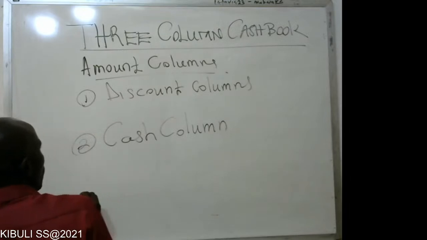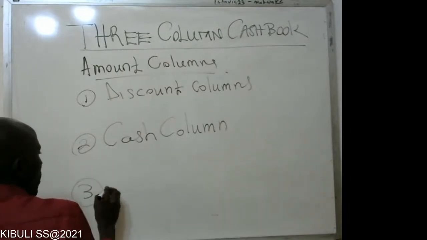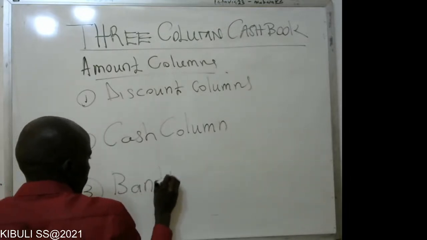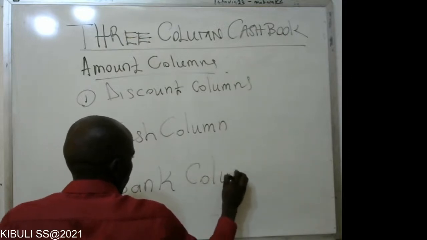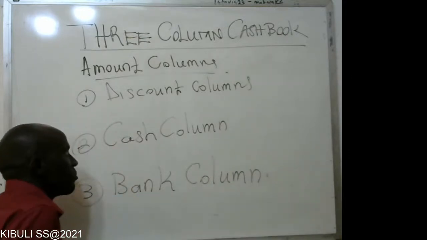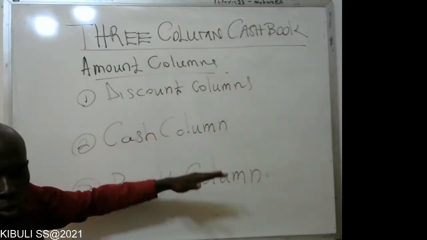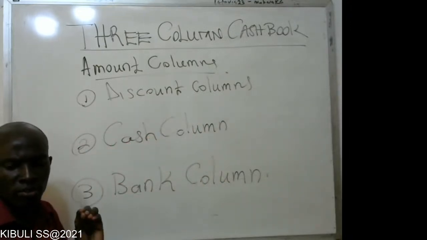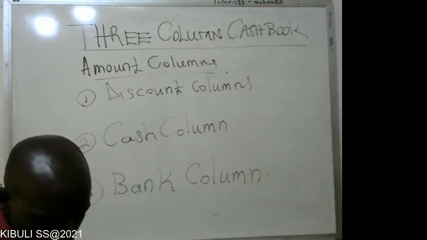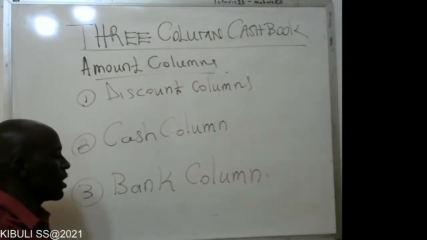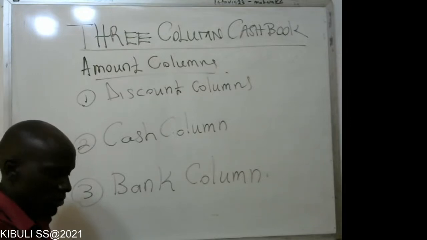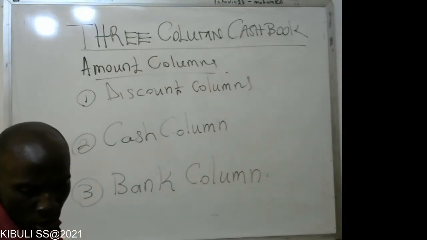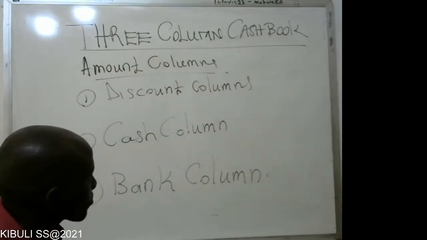And then lastly we have the bank column. Hence the name 3-column cash book. Hope that one is clear, class. So that's the genesis of the name 3-column cash book.